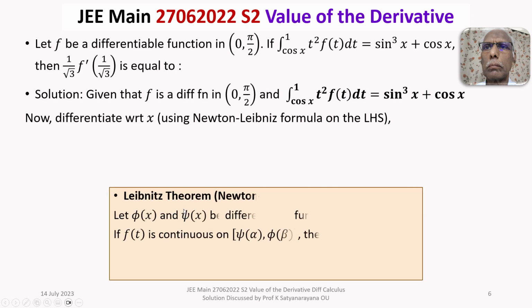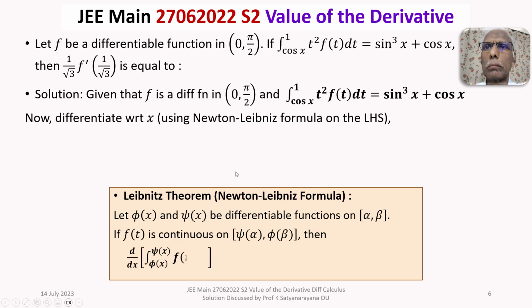Let's look at the Newton-Leibniz formula. The derivative is obtained as: for the upper limit 1, substitute t equal to 1 in t square f of t, and the derivative of 1 is 0. So 0 minus, for the lower limit, cos square x, f of cos x, multiplied by the derivative of cos x with respect to x, that is minus sin x.